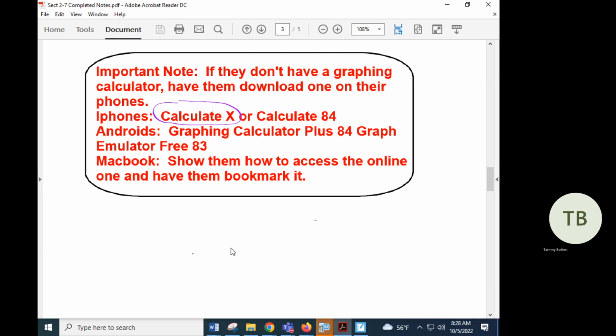So it actually is different now. It says graphing calculator. Say that again. You have this one too? Yeah. Okay. Was everybody able to find this one?